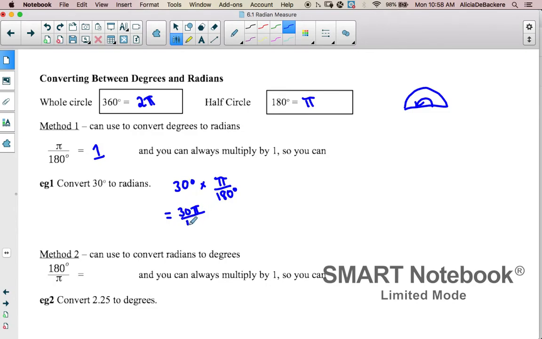And then I'm going to reduce this to lowest terms. So I can think about, well, what can I divide both top and bottom by? Well, I can divide by 30 on the top, and I can divide by 30 on the bottom. And so then I'm going to end up with just 1 pi on the top and 6 on the bottom. So I would read this as pi by 6 radians.